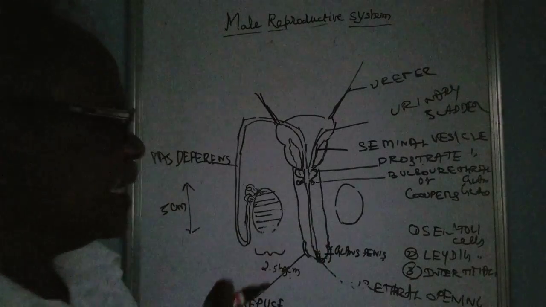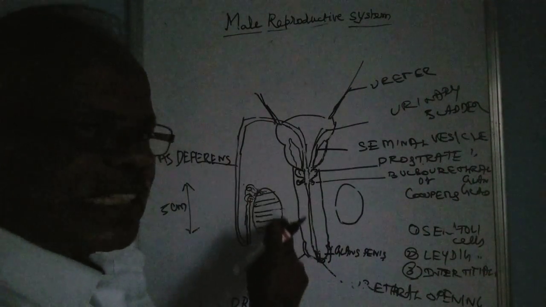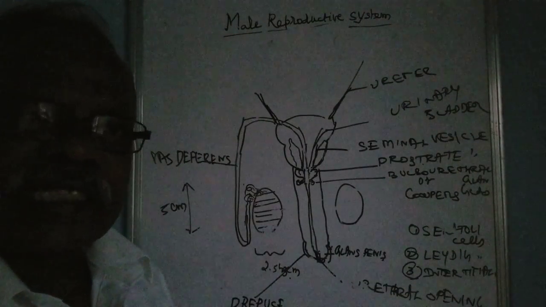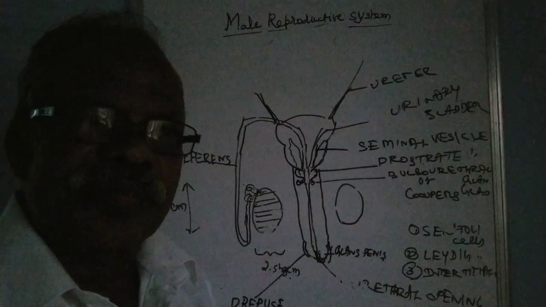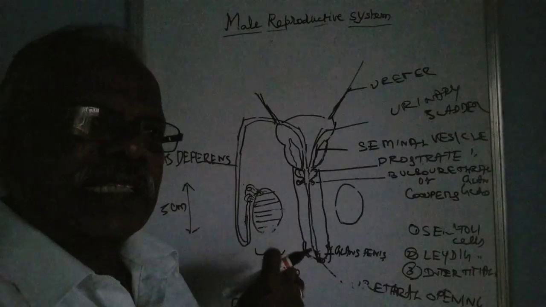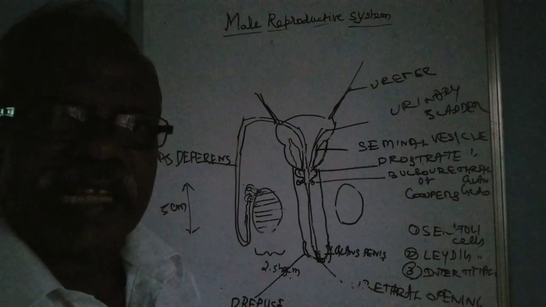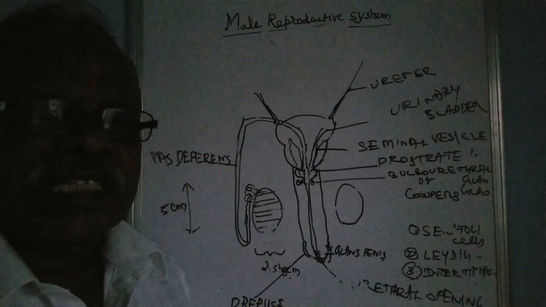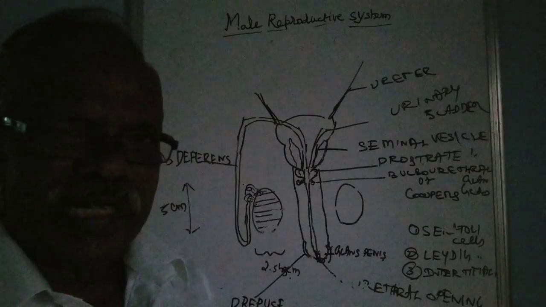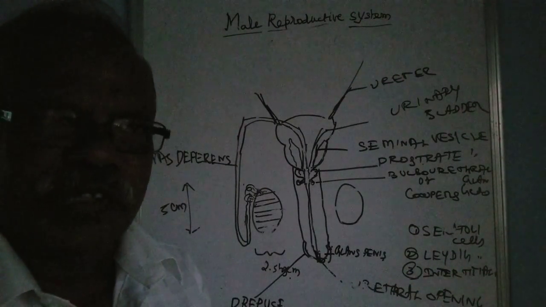To recapitulate, the functional unit of the male reproductive system is called the testis. The testis consists of 200 to 250 compartments, leading to the rete testis. From there the sperms are produced, which contains interstitial cells, Sertoli cells, primary spermatocyte and secondary spermatocyte cells, where the actual sperm is produced.